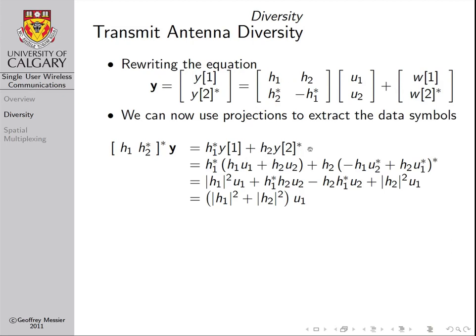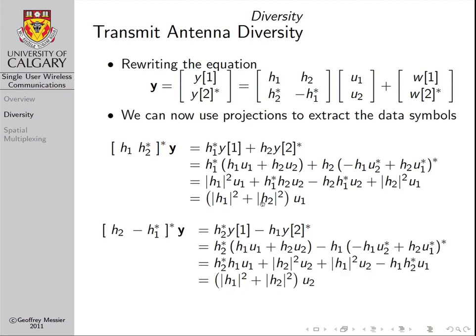You'll notice that to simplify things a little bit, I've dropped the noise terms, W. But if you pause the video and look at these equations step by step, you'll see that the end result is equal to our information symbol multiplied by the magnitude squared of H1 plus the magnitude squared of H2, which is exactly the result that you get from maximal ratio combining.